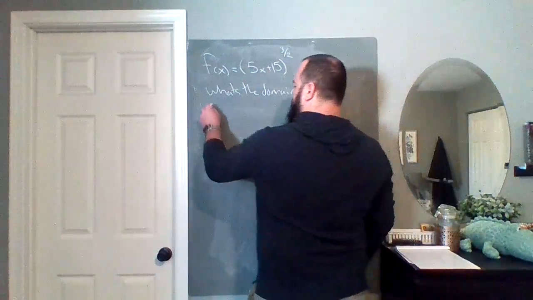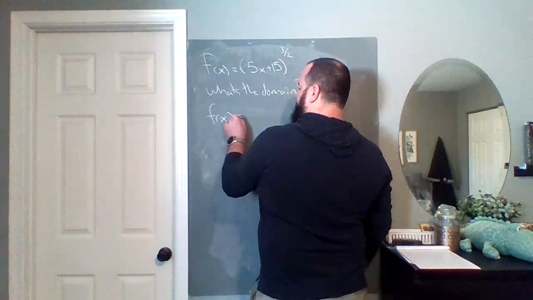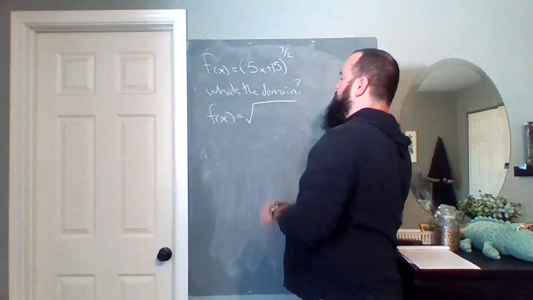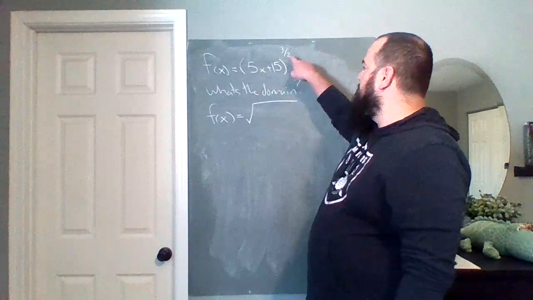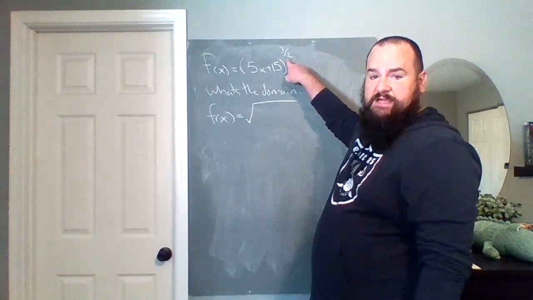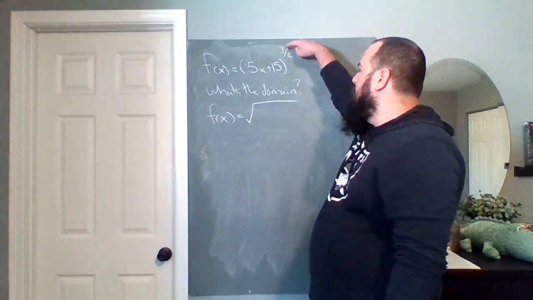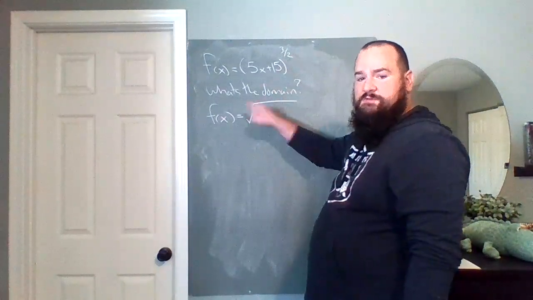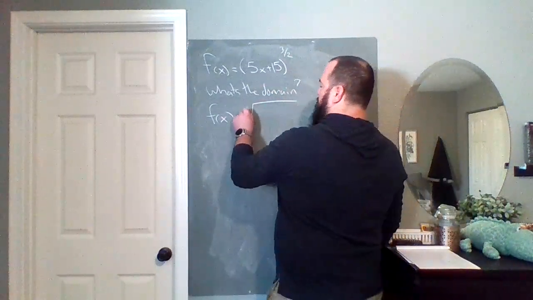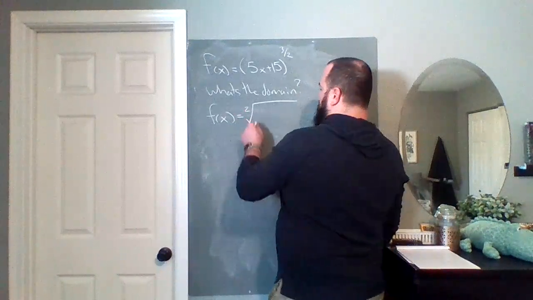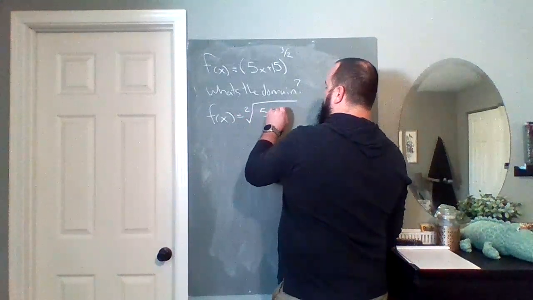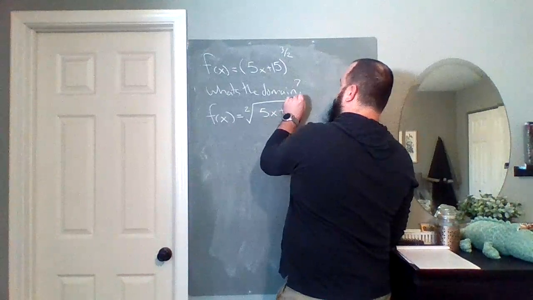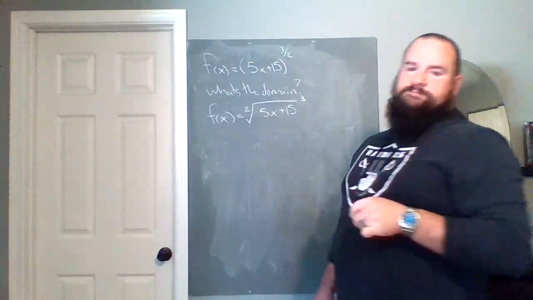what we end up with is we get that f of x, okay, the index of my root is the denominator here, right? So when we're looking at these rational exponents, the numerator is the power, the denominator is the root. So this is going to be the square root of 5x plus 15 cubed.